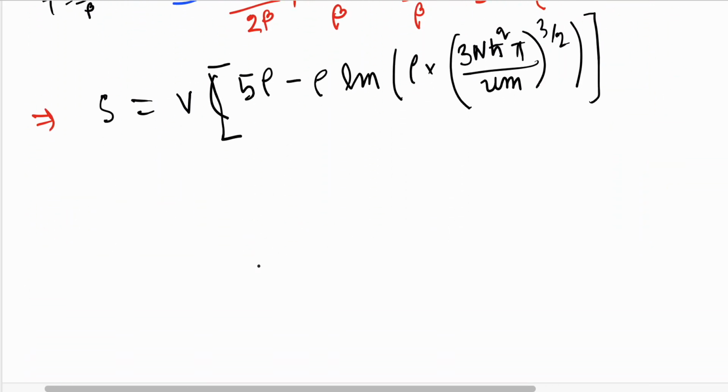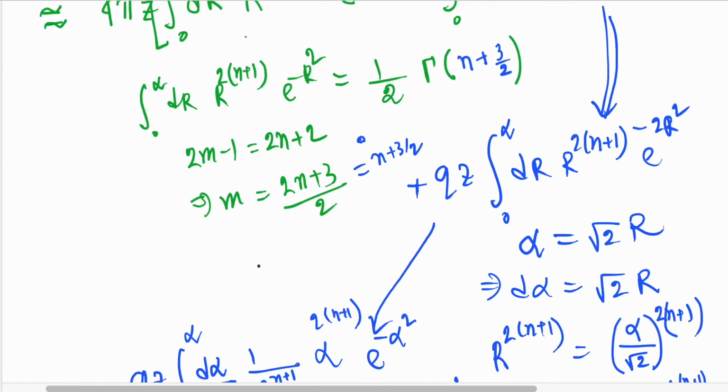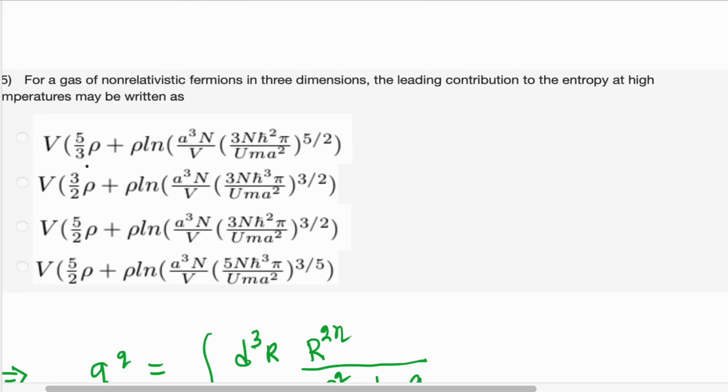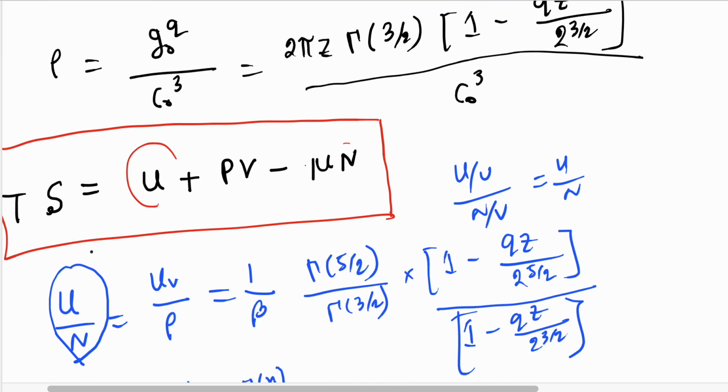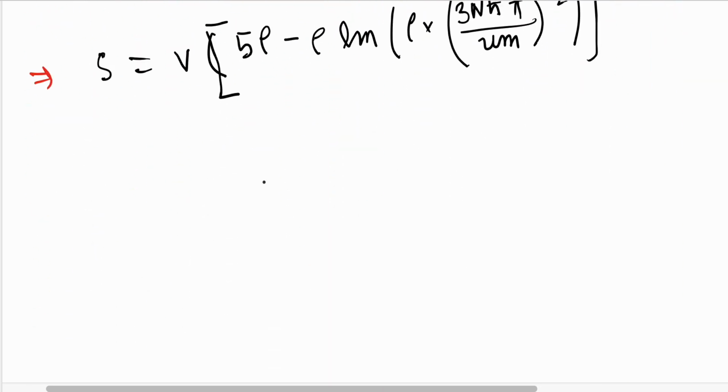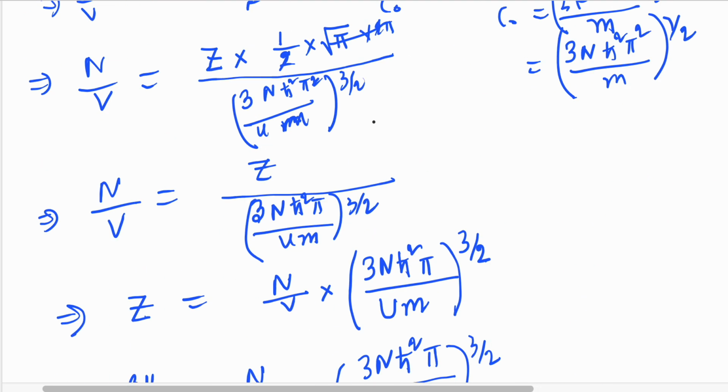So let's check what answer is correct here. 5 by 2 rho ln 3 n h square pi m. You can see here that this a square cancels, so this actually doesn't matter. So that means V times 5 by 2 rho minus rho ln.